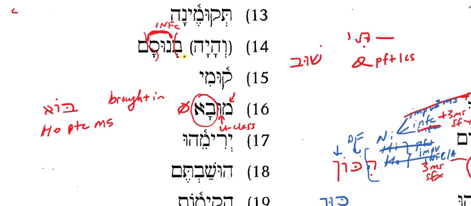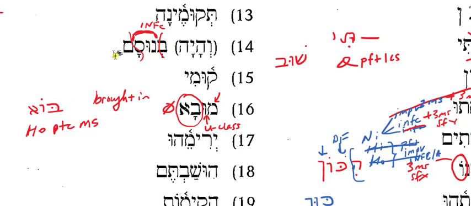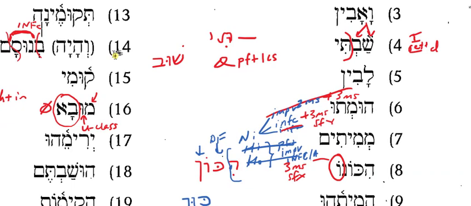Okay. That's true for number 5 too, right? Yes. So here we have lavin. This lamed is not part of a root letter of a verb. It's a lamed prefix. And here I just have bet and noon. And the question is, what hollow verb do I have that has those two consonants? And the answer is bin.